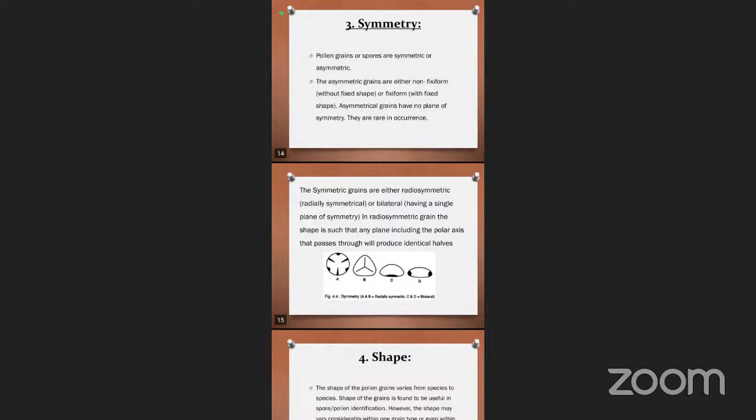In symmetry, pollen grains or spores are of three types: asymmetric, and in symmetric there are two types. One is radial symmetry and the second is bilateral symmetry.